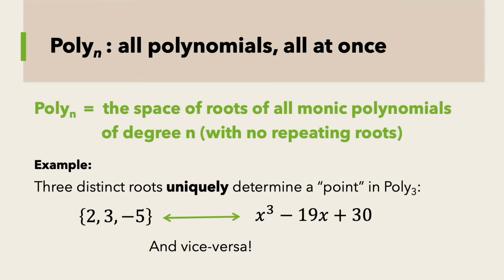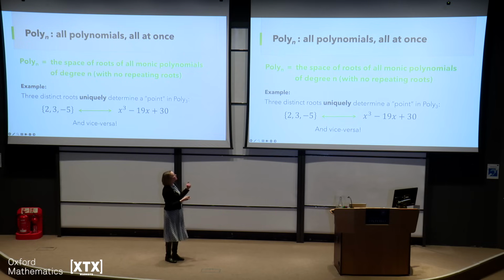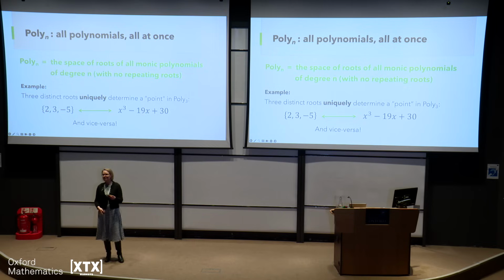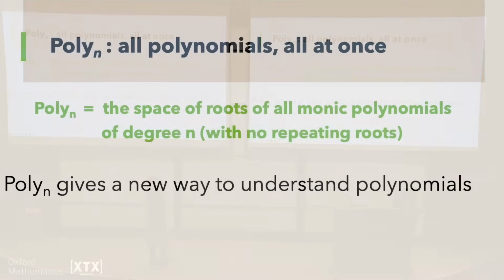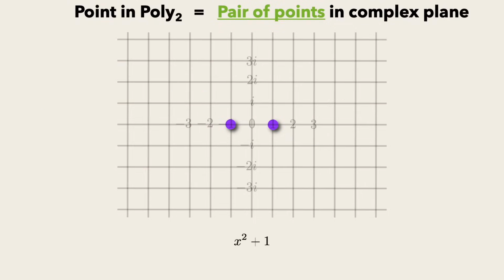So in other words, I can understand the space of all polynomials all at once by just considering a set of numbers. So if I want to consider polynomials of degree n, I can think of that precisely as a set of n numbers, okay? So this gives us a really different take on understanding polynomials. So let's just look at some examples.